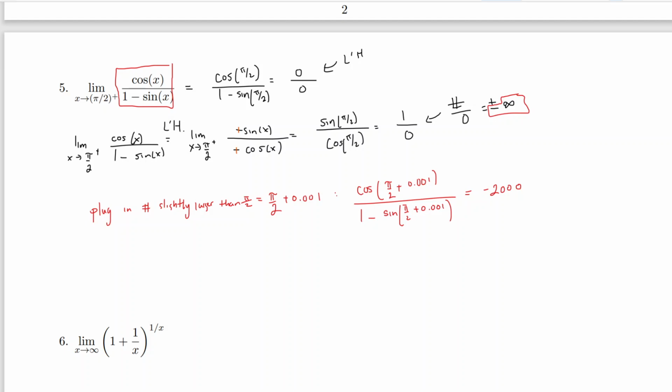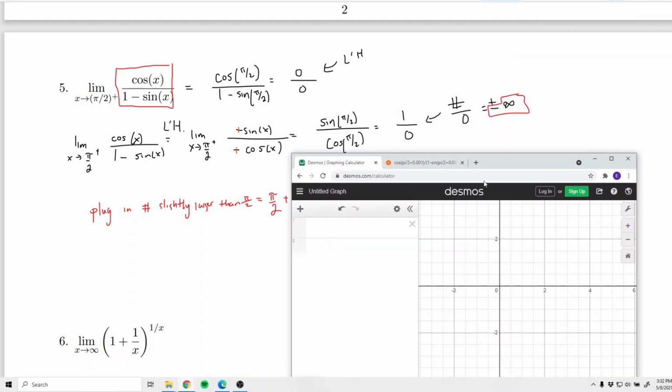Now, once again, you can always confirm these because it's a little unsatisfactory to plug in a number just to get a limit, but it's really what we have to do to distinguish between positive or negative infinity. So we can go ahead and just do y equals cosine of x divided by 1 minus sine of x.